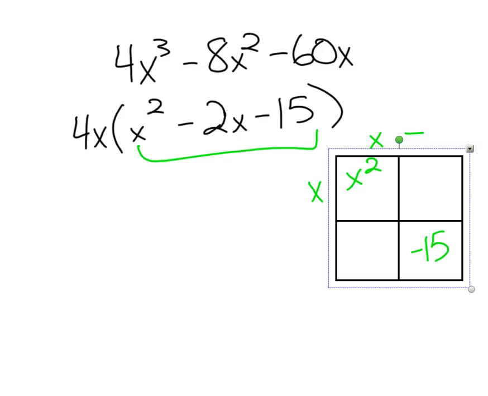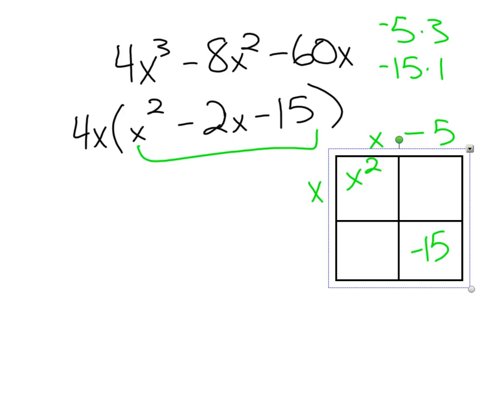So we look, what are our factors that will give us 15? We have 5 and 3, or 15 and 1. Okay, so which of these adds up to negative 2? Negative 5 plus 3, or negative 15 plus 1?